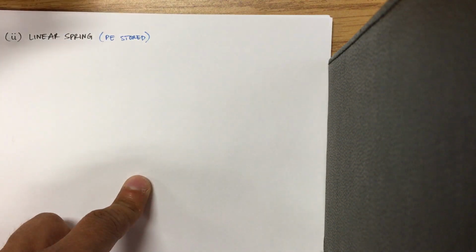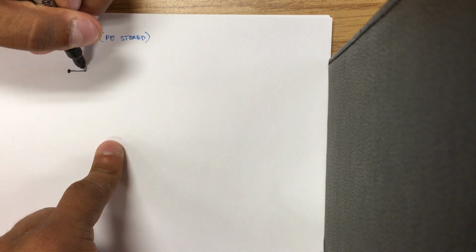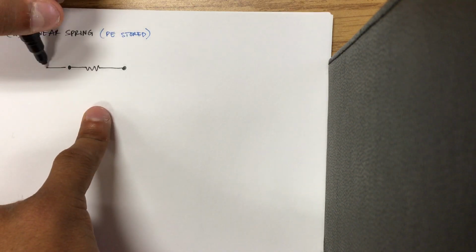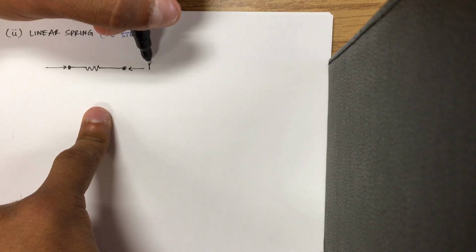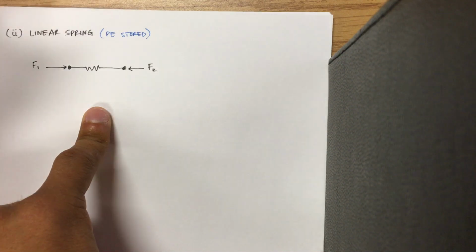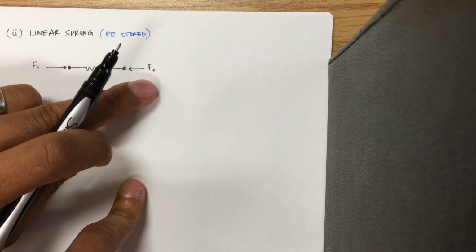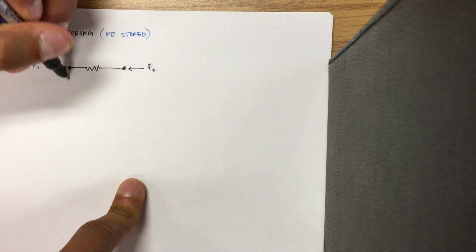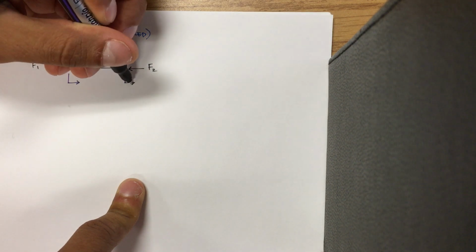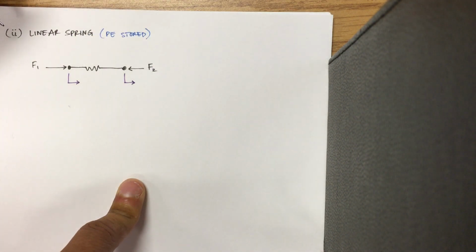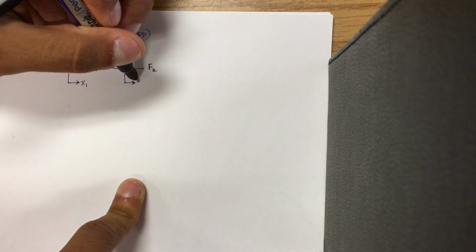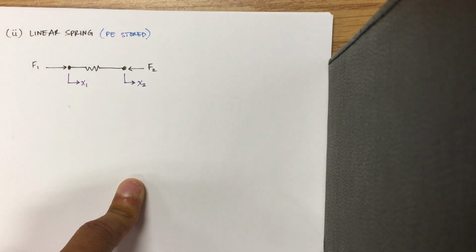So if we draw a representative element of a spring, let's draw the effort. If we call this state 1, state 2, and include the flows. Now here, in the interest of the linear spring, the flow variable would be displacement, x1, x2.